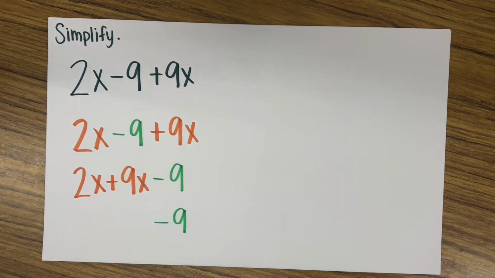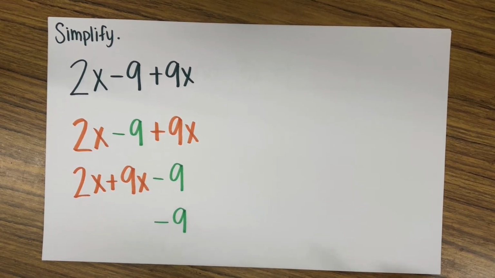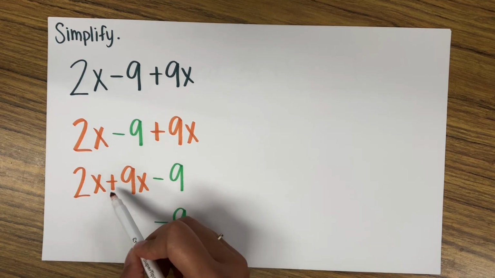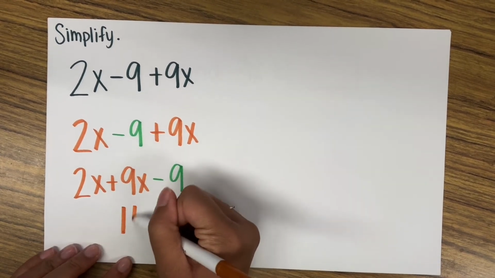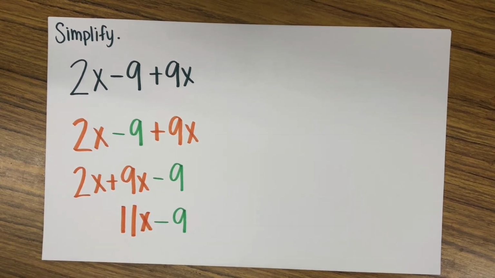I have 2 terms in this orangey brown color, 2x and 9x. Between them is a plus sign, so to combine these like terms, I'm going to add 2x and 9x. 2 plus 9 is 11. 2x plus 9x is 11x.